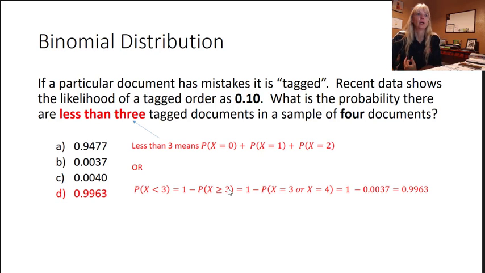Now, if you want less than 3, you could do 0, 1, 2, and add them up, or you could do 1 minus the complement, which would be 3 or more, which we just found on the last question. And so we would take 1 minus that value to get our probability.